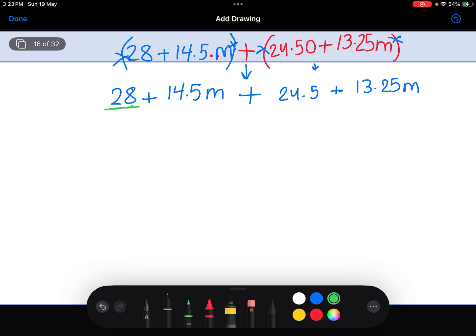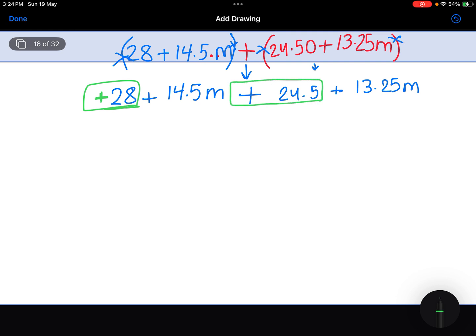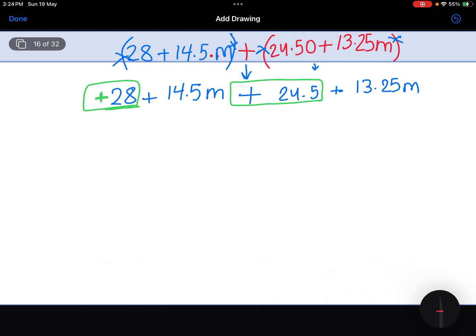So I will look for another term that is also a number that does not have a variable with it. So make sure to write a positive next to it, because if there is no sign before it, then it's a positive sign. Okay, this is my first term. What is the another term that is like to it? We have 24.5, also another term without a variable. Then they are like terms, and there are no more other terms that are like to them.